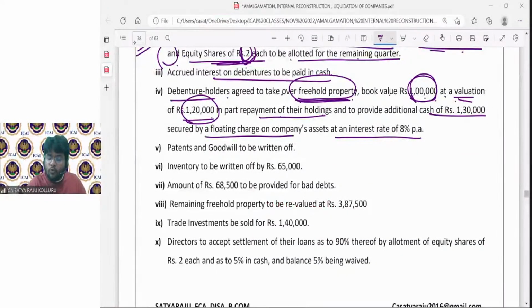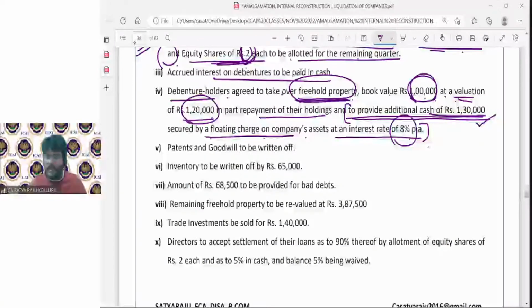And to provide additional cash of rupees 1,30,000 secured by a floating charge on company assets at an interest rate of 8% per annum, the company required additional cash. For that, the company issued 8% debentures, which have a floating charge on the company's assets, for 1,30,000.